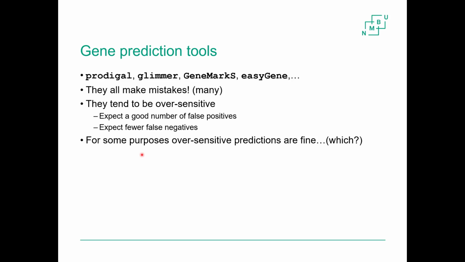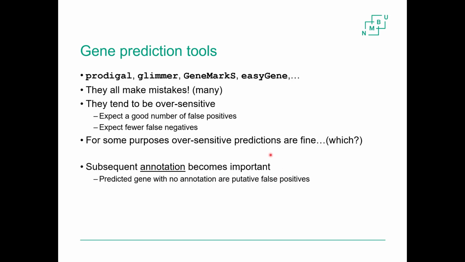And especially these cloud genes, those are genes that appear rarely in different genomes. They are typically suffering a lot. I mean, all the false positives tend to turn up as cloud genes. So this will affect that type of analysis rather heavily. So for some cases, oversensitivity is fine, but for others, it's horrible.